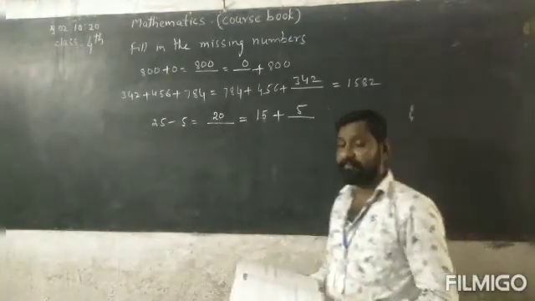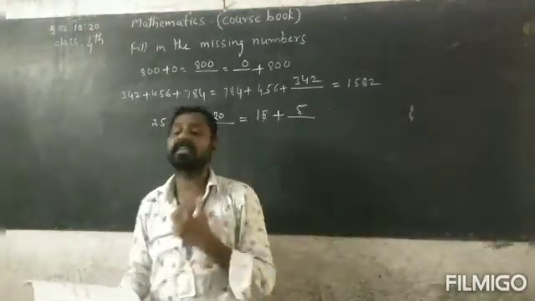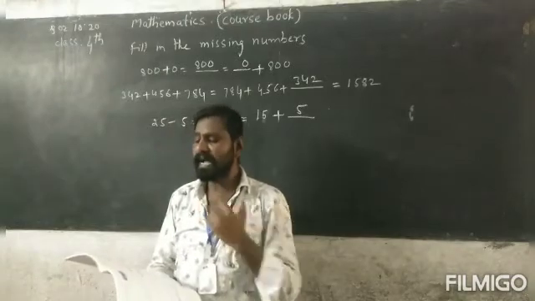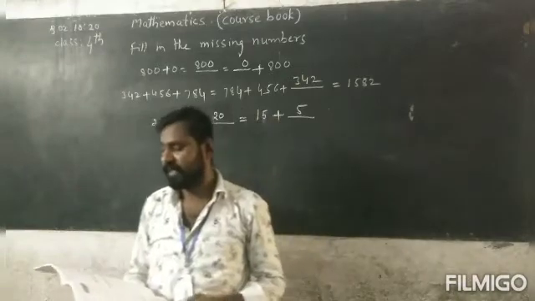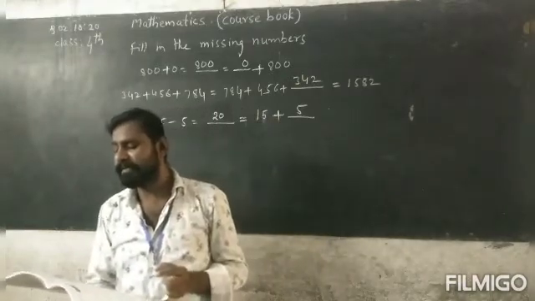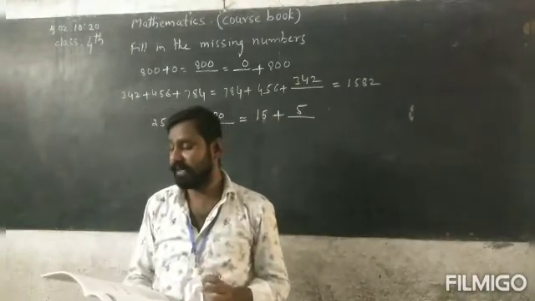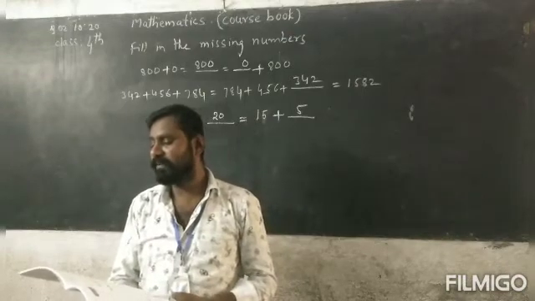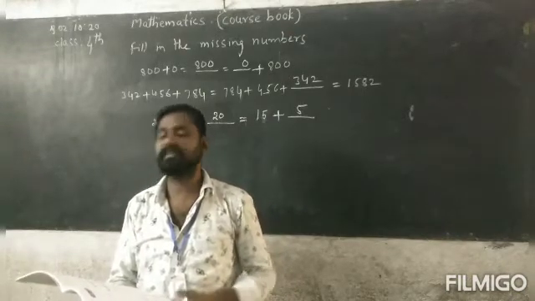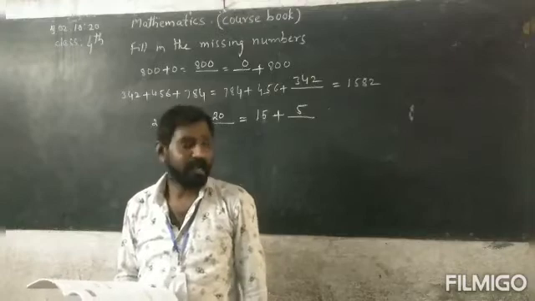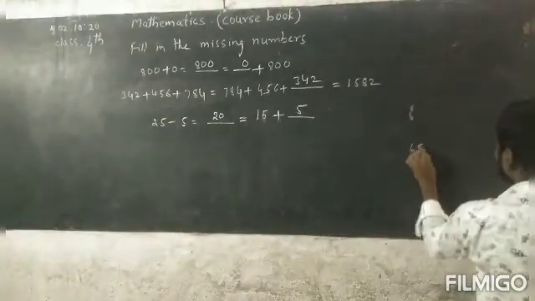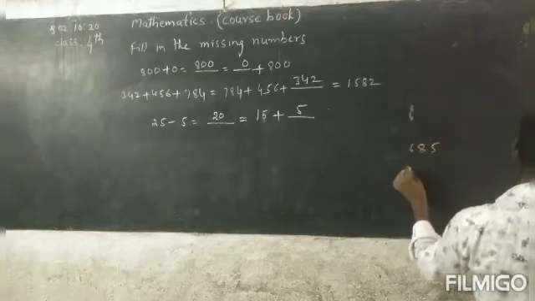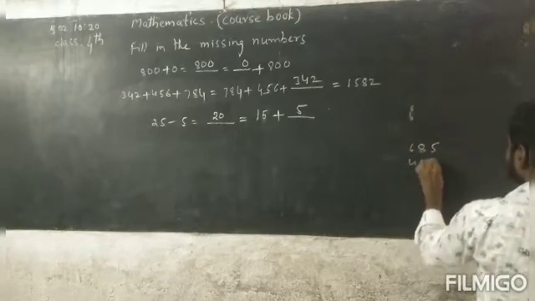So now, next, a word problem. This is very important. Listen carefully. Uma has 685 rupees. She bought a skirt for 448 rupees. How much amount will she still have with her? According to our subtraction method, you can do it like this. 685 minus 448.